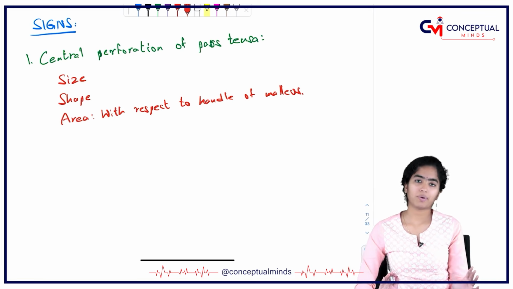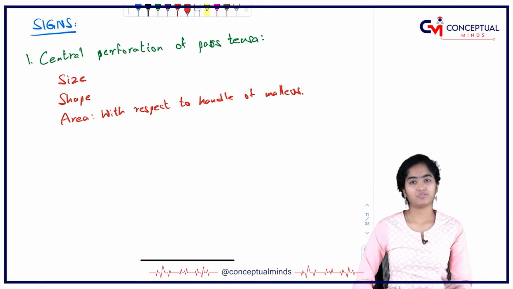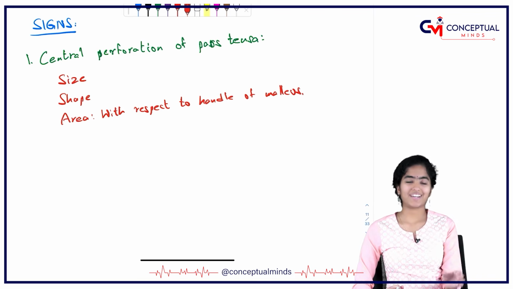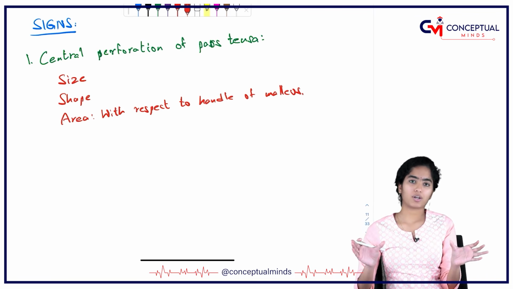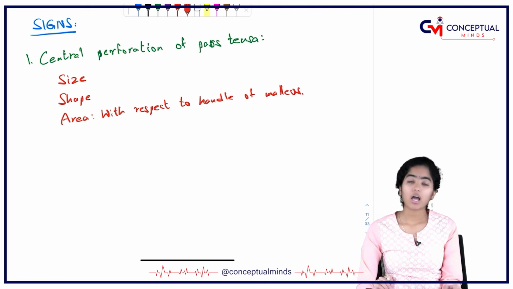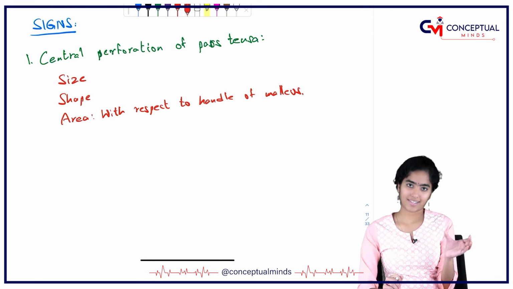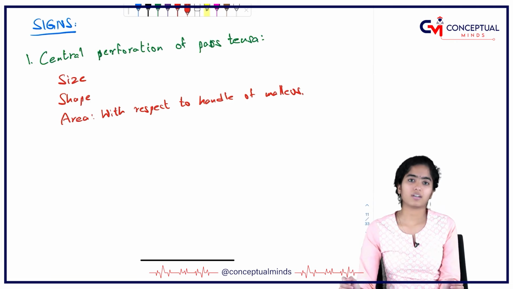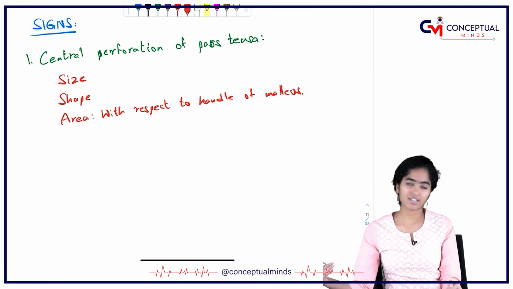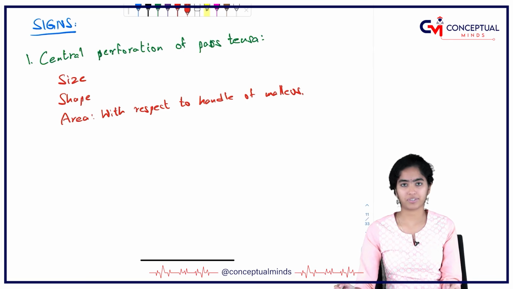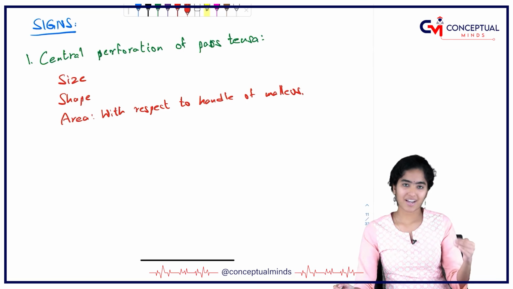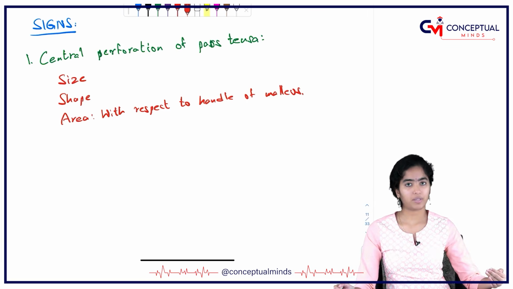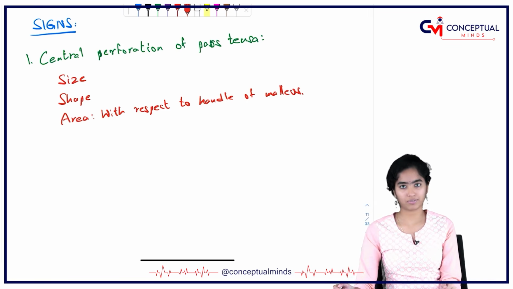So a quick revision about perforations. A perforation of the tympanic membrane could be present in the pars tensa or in the pars flaccida. If it is in the pars tensa, we call it central. If it is in the pars flaccida, we call it attic type of perforation. Now, in pars tensa, it could be a central perforation or a marginal perforation.